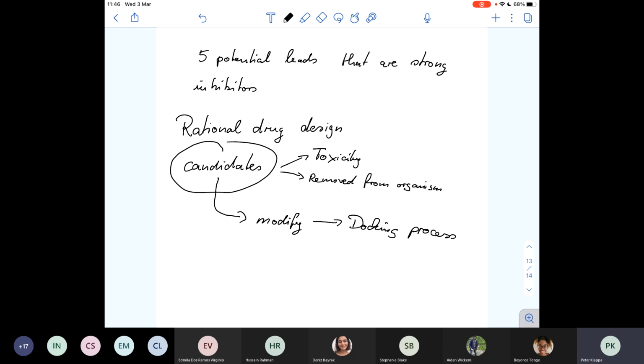That is what you are doing in the BI301 assessed practicals at the moment. You have a number of potential candidates that went through this screening process, and now you are trying to figure out which one is probably even better. You are, in a way, doing this testing for us to see which drug we should take forward.